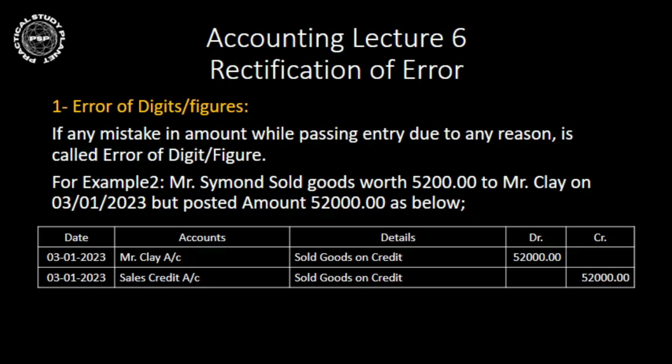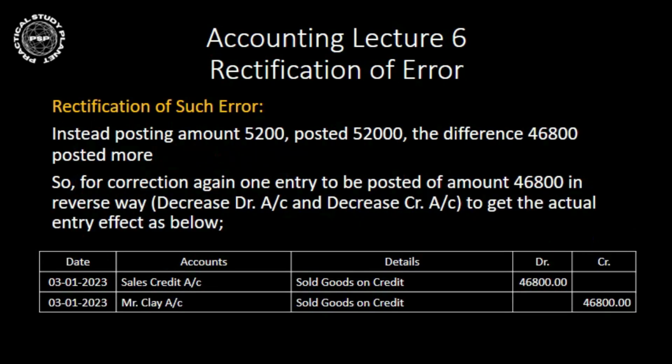Another example. Mr. Simon sold goods worth 5,200 to Mr. Clay on 3rd Jan but posted the amount 52,000 as below: Mr. Clay debit 52,000 wrongly, sales credit 52,000 wrongly, so it is extra posted.